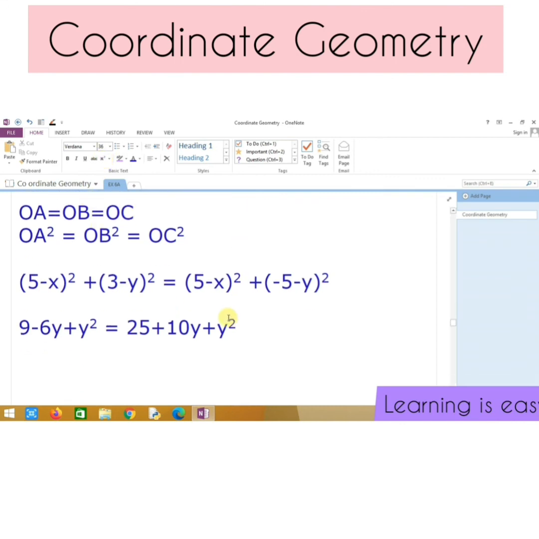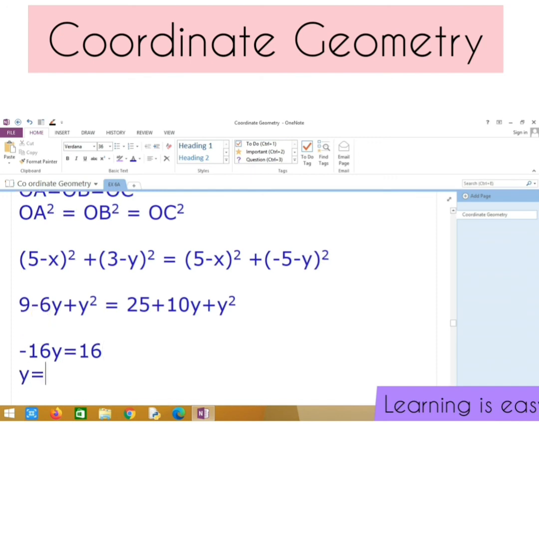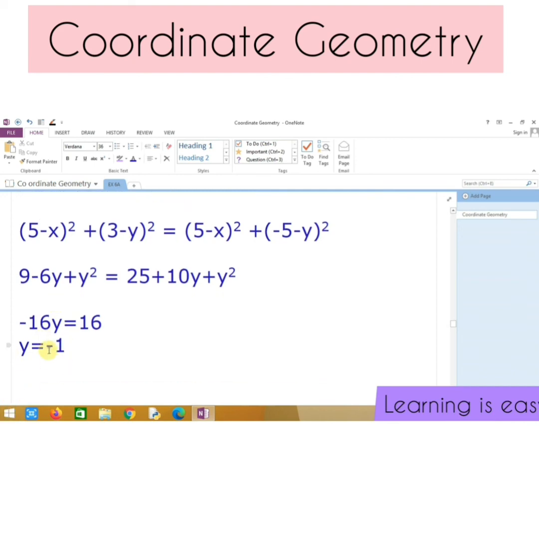So y square terms go off here, both LHS and RHS. So we can just take y on one side and the numerals on the other side. That's going to be minus 6 minus 10, so minus 16y equal to 16. Y is going to be minus 1.